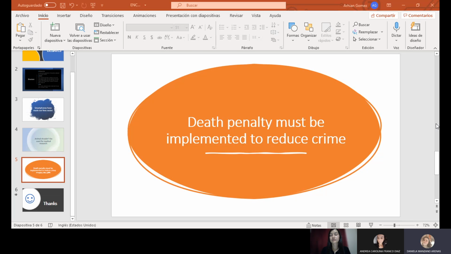Perhaps it has been in vain to take a life, and it could be an innocent person, and therefore, for this reason, I am against the death penalty.